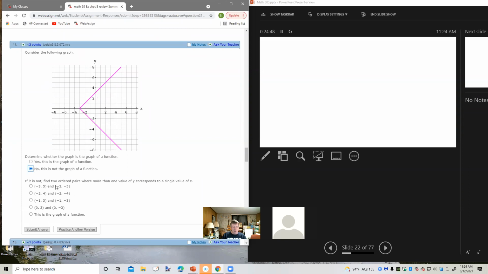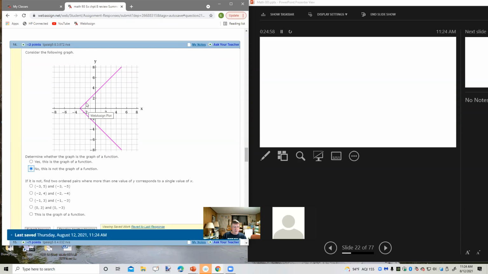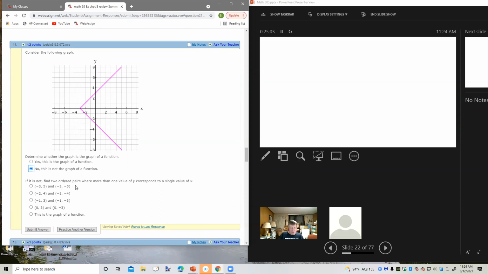It says, if it is not, find two ordered pairs where more than one value of y corresponds to a single value of x. Well, let's see here. When x is -2, y is 1, and y is -1. But that's not on there. Let's see. Where x is -3, no, that's not, when x is -2, that doesn't work.